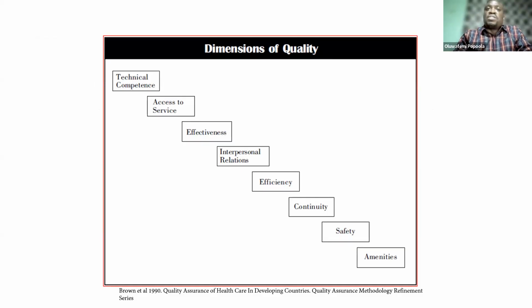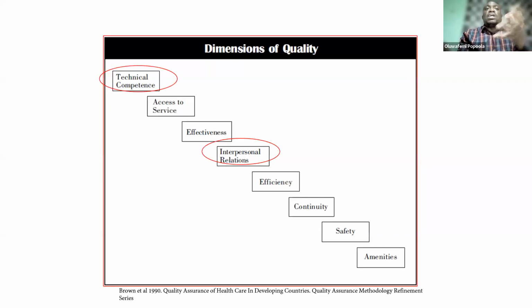If we look across the 8 dimensions that have been described here, there may be other people who have described more dimensions. This is by no means exhaustive. But what instinctively jumps out at us most times when we talk about quality is technical competence. Very often, as good clinicians, we think about interpersonal relationships as well.